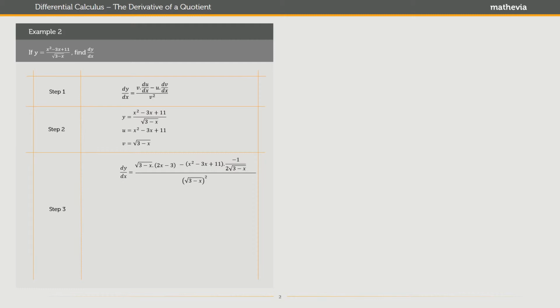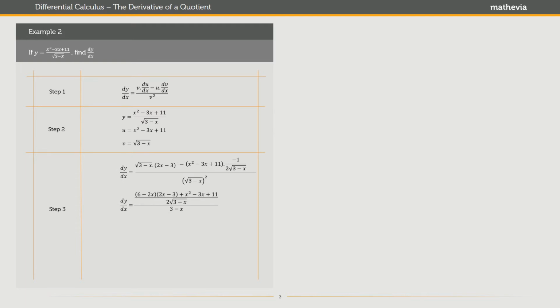Interesting. So from this point on, we simply simplify. Because we have a fraction at the top there, I'm going to try to get a common denominator. So I'm basically just going to work that to get a common denominator, and I'll multiply root 3 minus x multiplying 2x minus 3 by 2 root 3 minus x just to get a common denominator at the top.